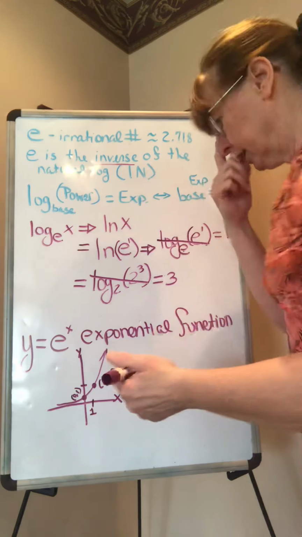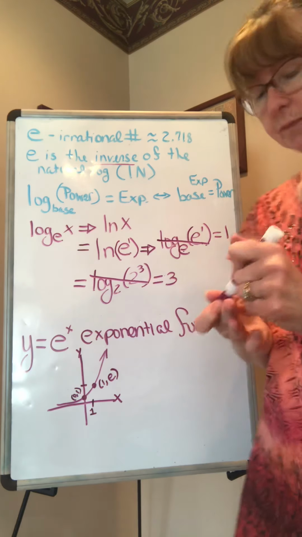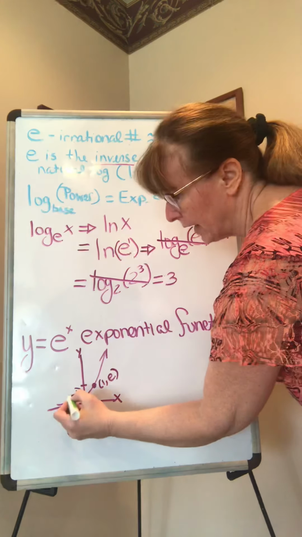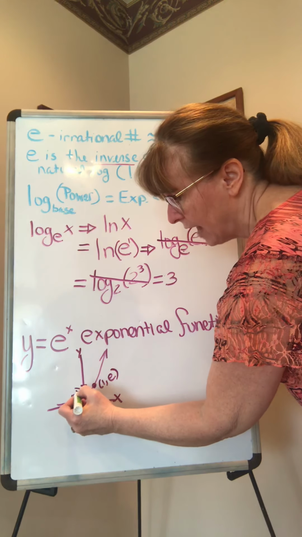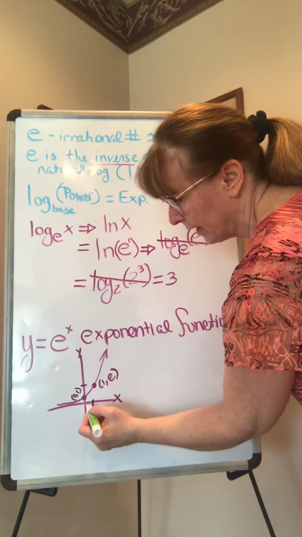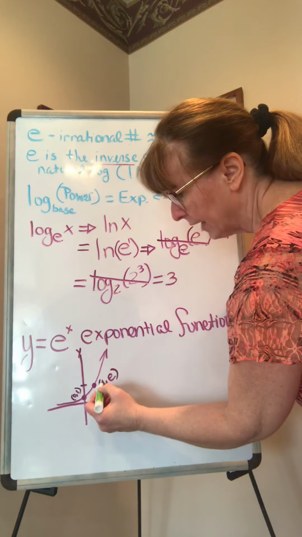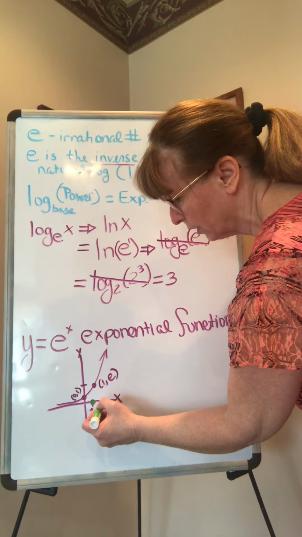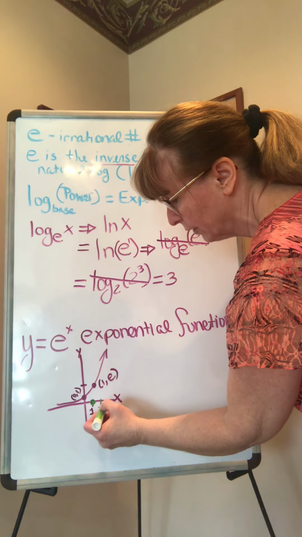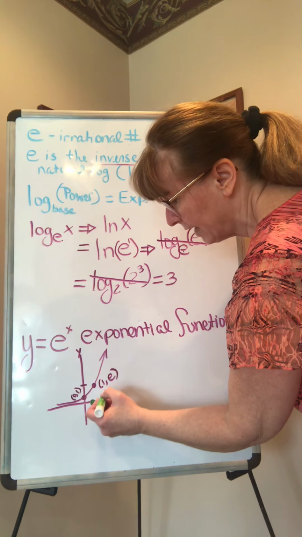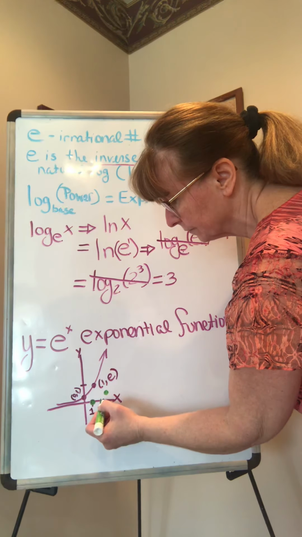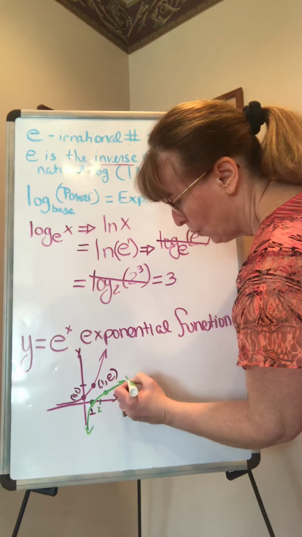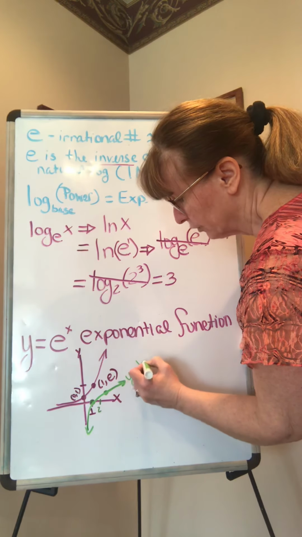And if you took these 2 points, I'll use a different color now to try to highlight. If I took this ordered pair, this x and y, 0, 1, and I switched it around and I had 1, 0, and I took 1, 2.718, and I went to 2.718, so here's 2. So let's go to 2.718 and hit 1. Now I have y equals the natural log of x.